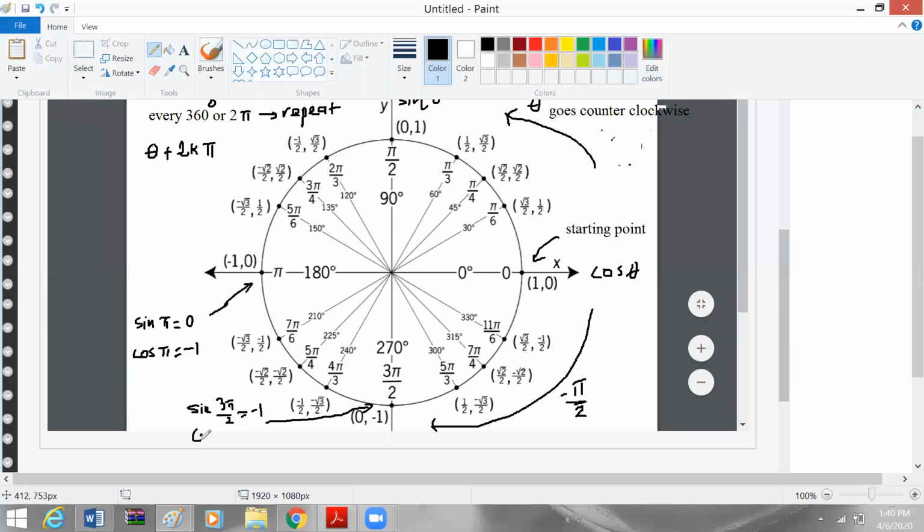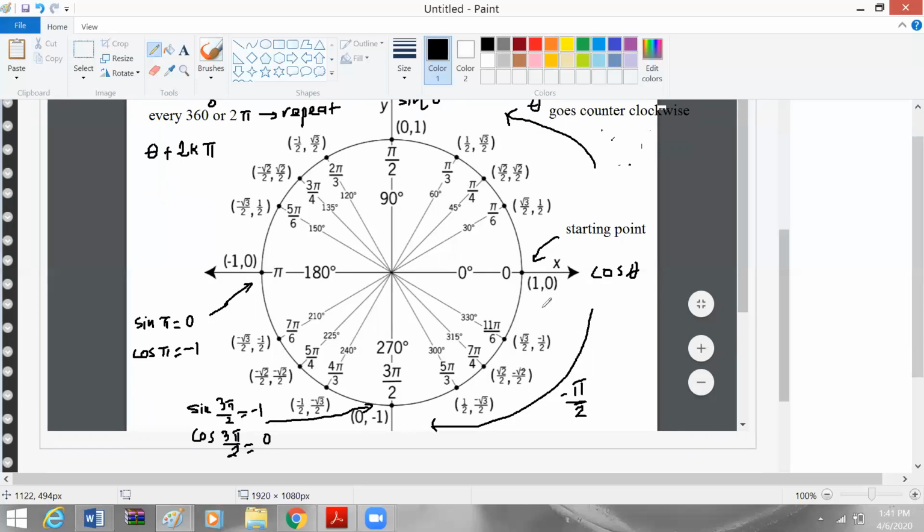And the cosine of 3 pi over 2, which is 270 degrees, the answer for that is 0. So apparently this is equal to 0. So remember that the x represents the cosine and the y represents the sine.